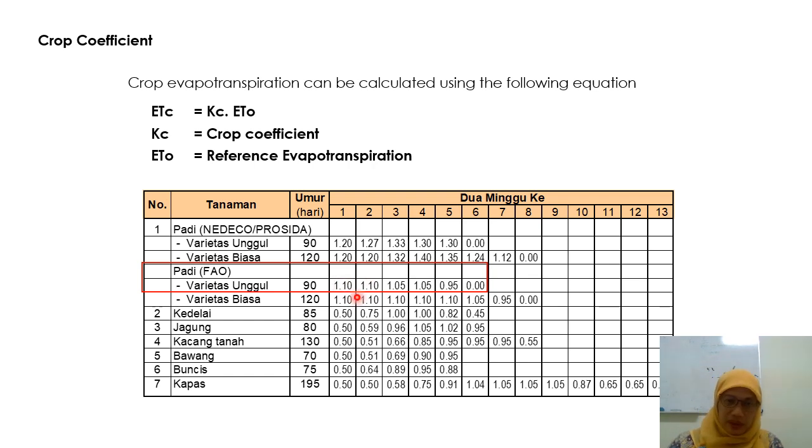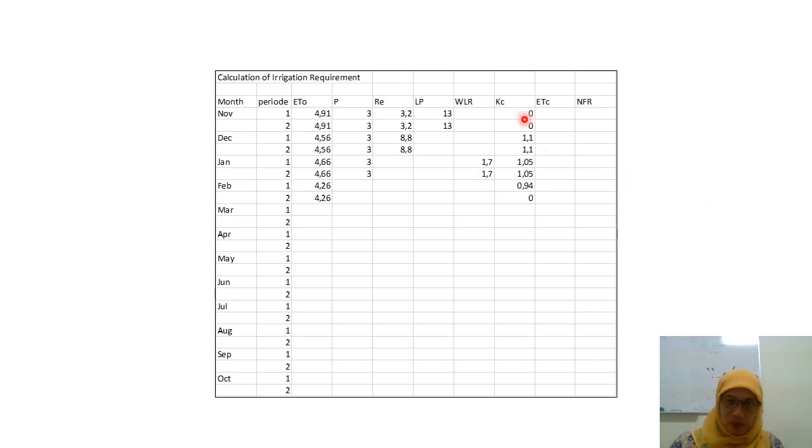So we just copy this Kc 1.1, 1.1, 1.05, 1.05, and so on to our sheet, until the end. I put these two numbers as 0 here because here we still have land preparation, which means we don't have any crop yet, so it is 0.